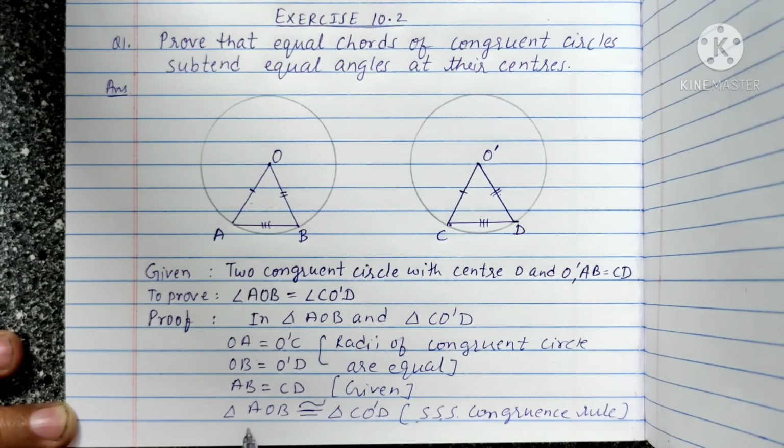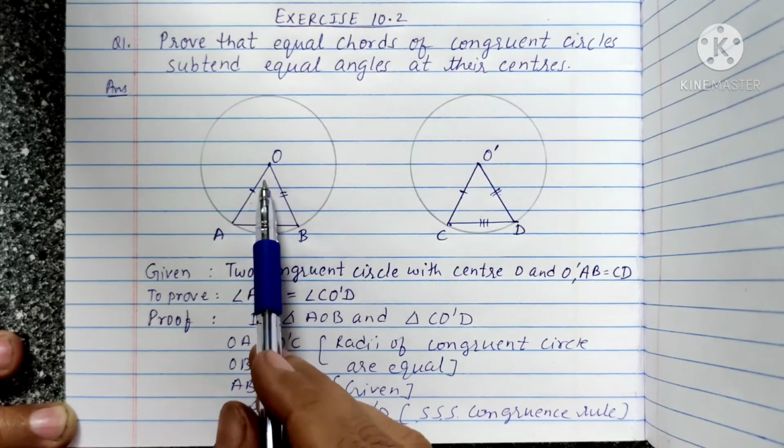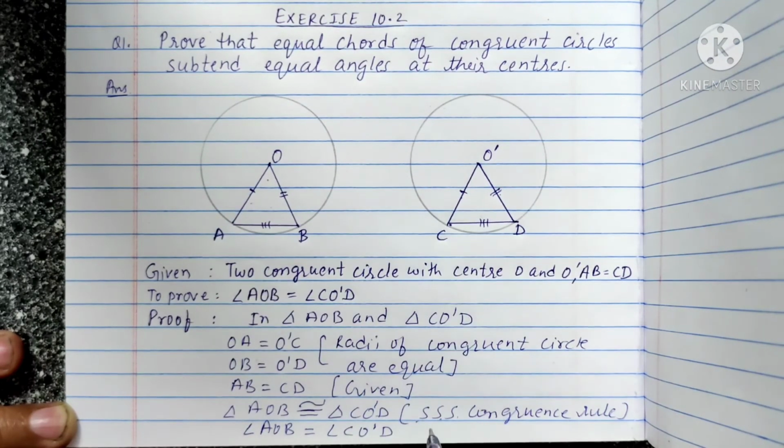Now by CPCT, that is corresponding parts of congruent triangles, angle AOB will be equal to angle CO'D. That means this angle and this angle are equal. This is due to corresponding parts of congruent triangles.